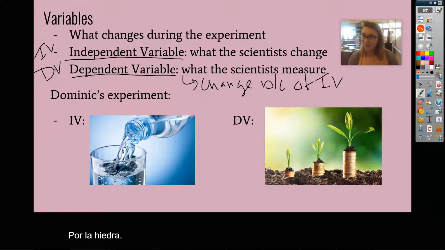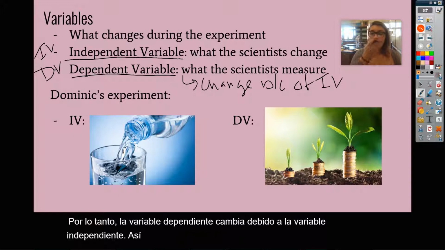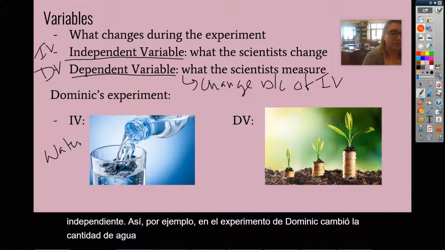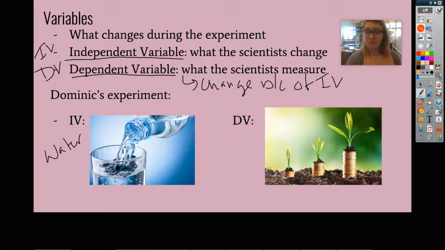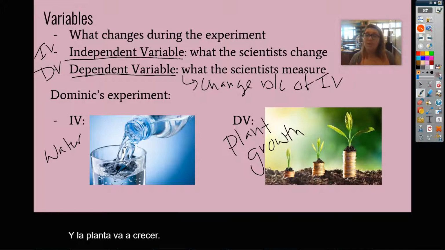So the dependent variable changes because of the independent variable. So for example, in Dominic's experiment, he changed the amount of water each plant received. He measured how tall his basil plants grew. So he measured plant growth. And the plant is going to grow based on how much water it gets. So it's dependent upon the independent variable.